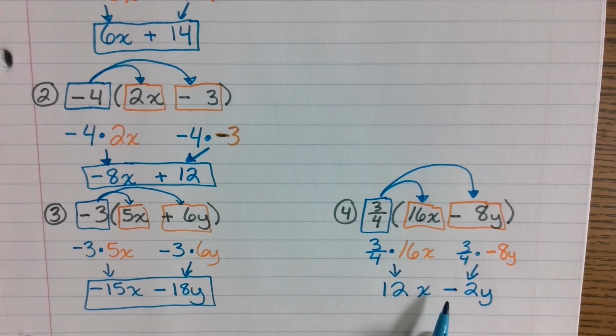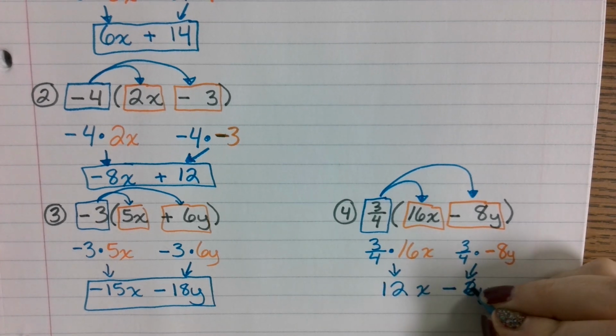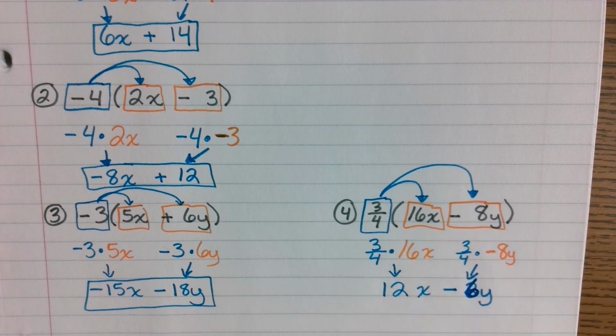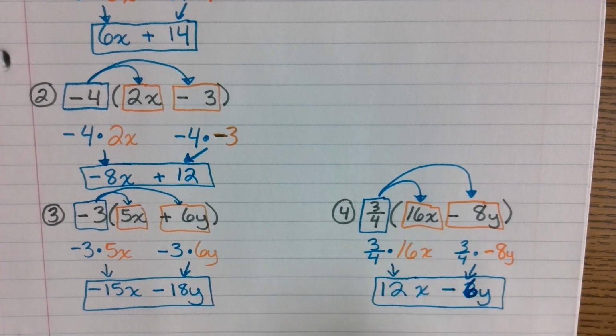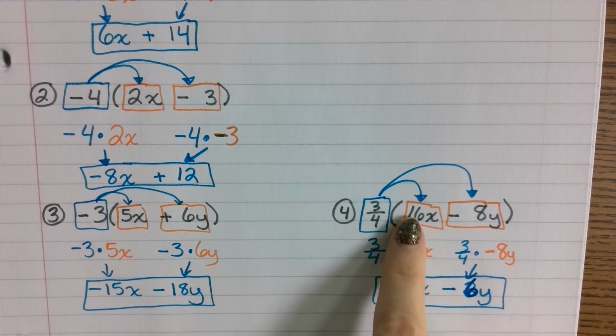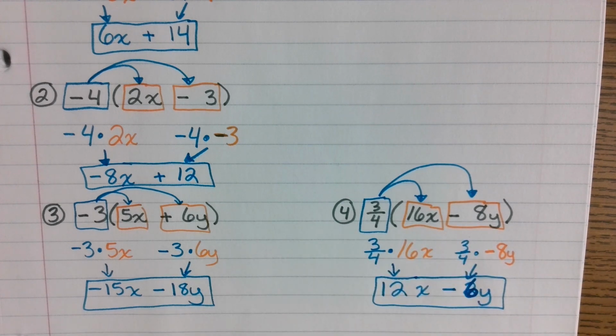So you get 12x minus 6y. Okay? It's the same concept no matter what. You're just distributing what's on the outside to every component that's on the inside through multiplication.